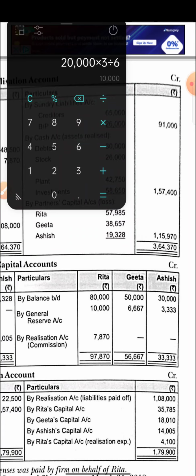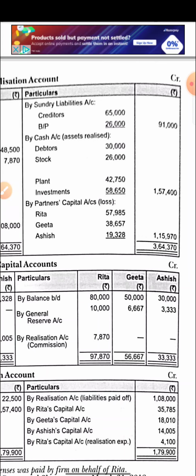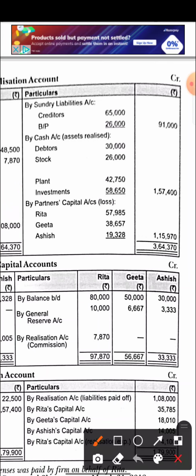How much is the share of Rita? 3. From where did we get 6? 3 plus 2 plus 1 is 6. So 20,000 into 3 divided by 6, we get 10,000. Now here is where we got general reserve for Gita and for Ashish.